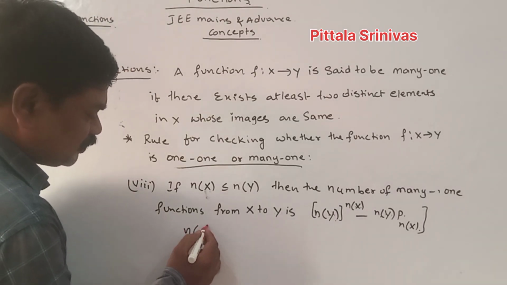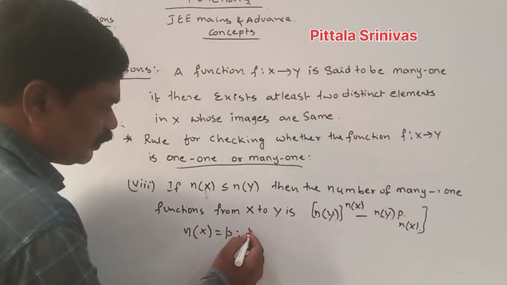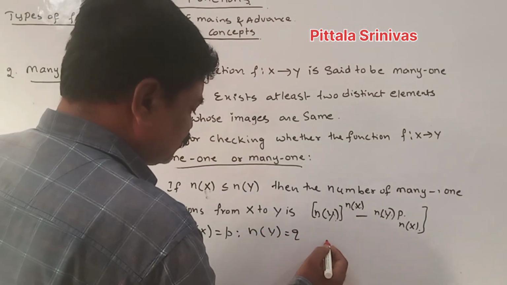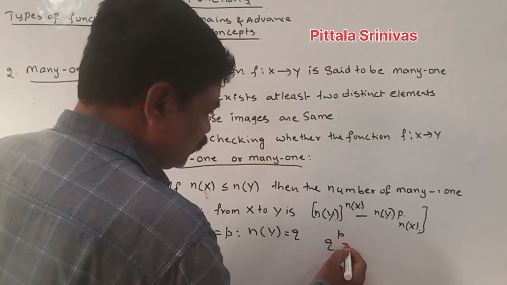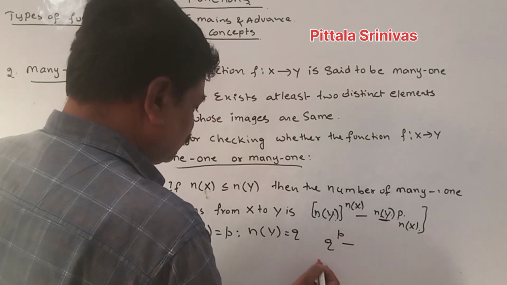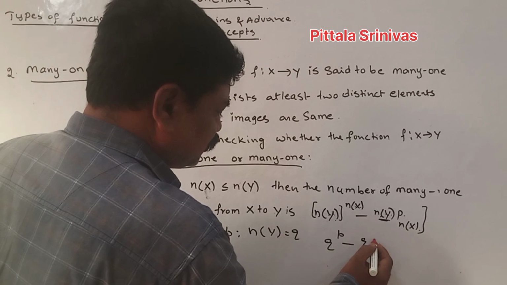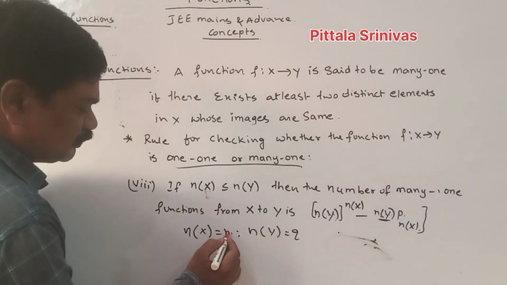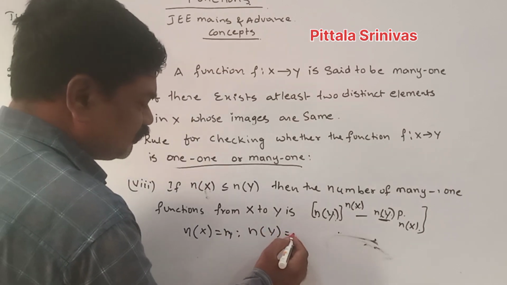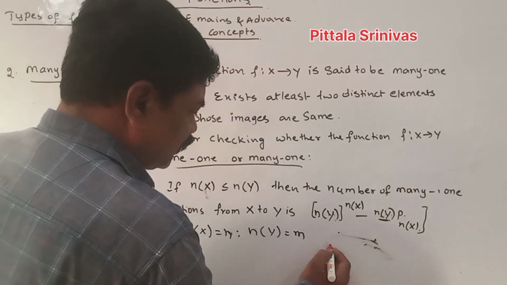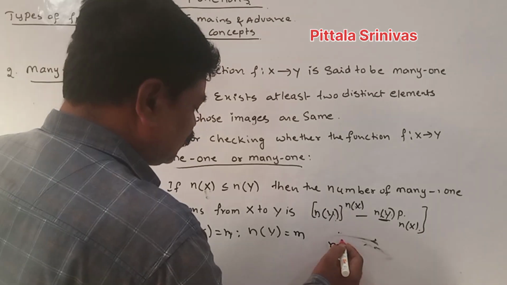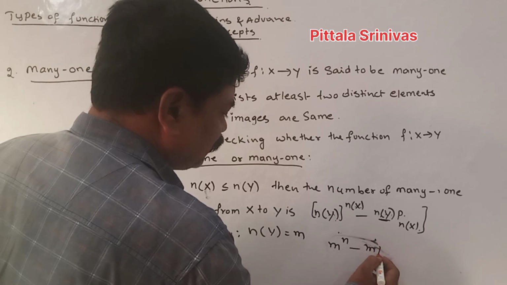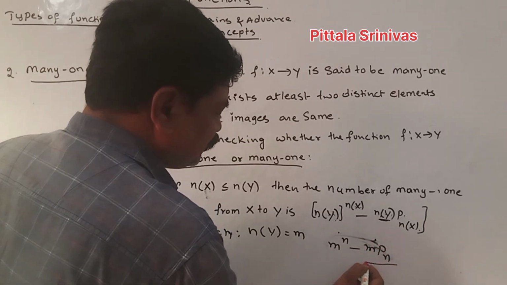Suppose number of x is equal to p, number of y is equal to q. Then it is q power p. Or number of x is equal to n, number of y is equal to m.